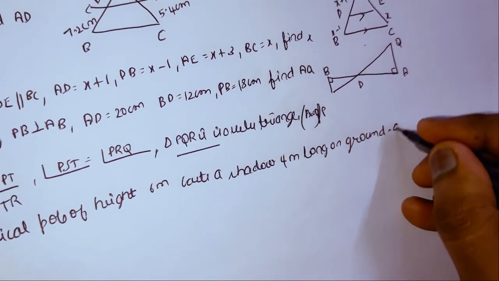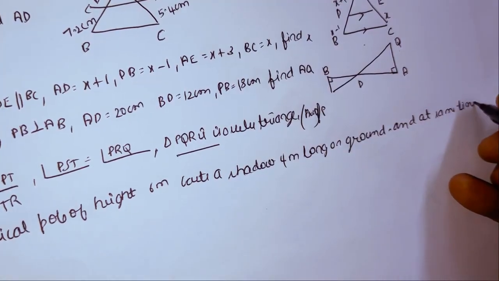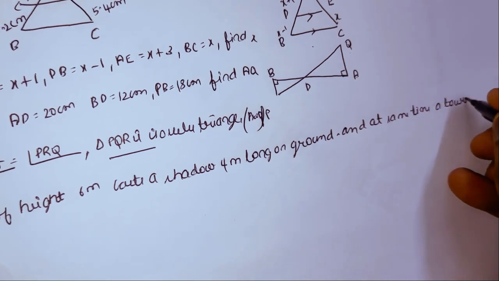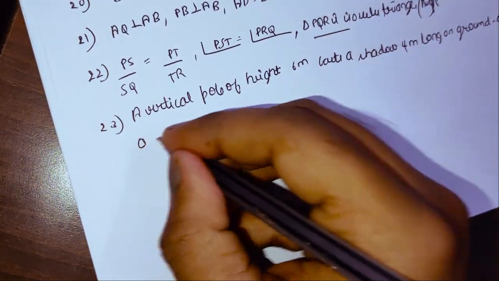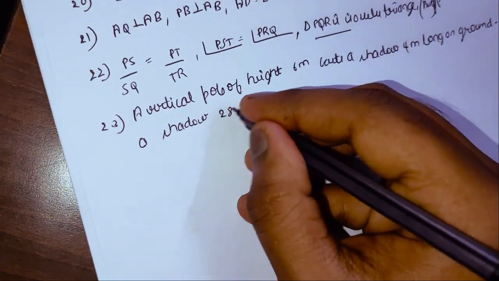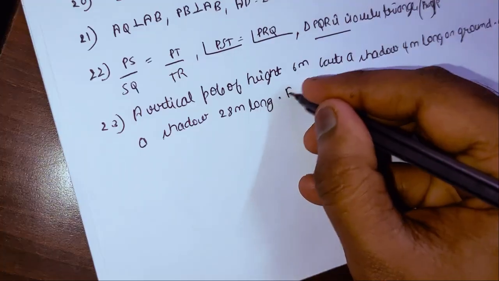And at the same time a tower casts a shadow 28 meter long. Find the height of the tower.